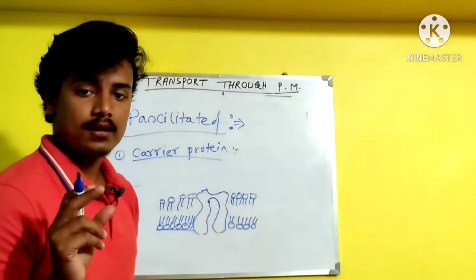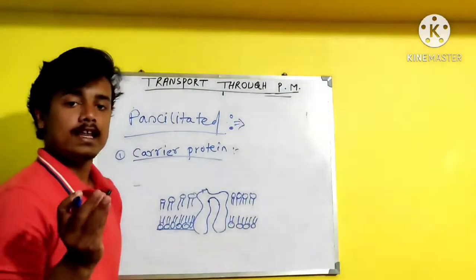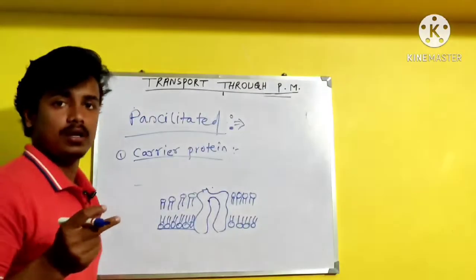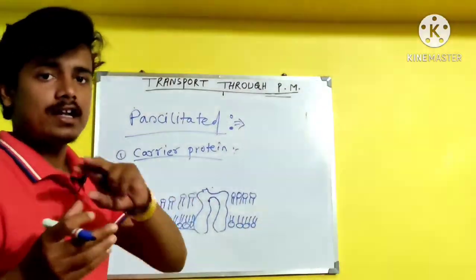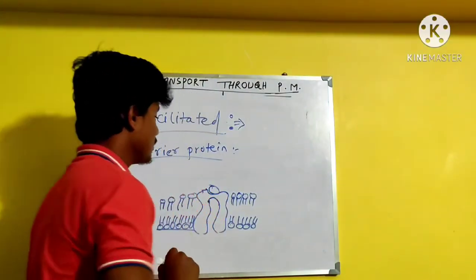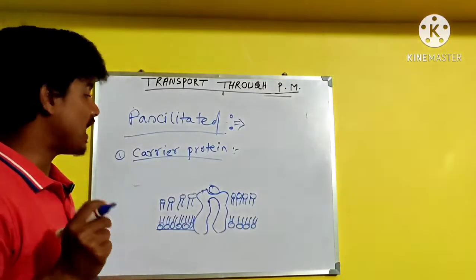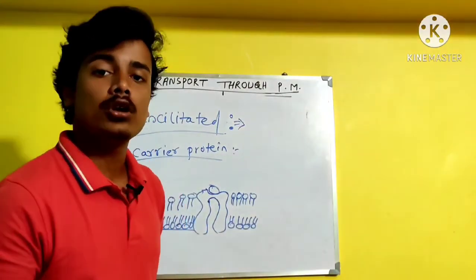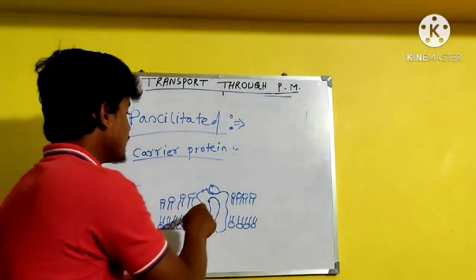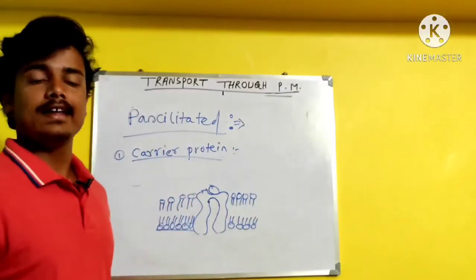When any kind of thing or nutrient, any kind of ligand, binds with this point, what will happen? A conformational change will occur, and it enters to the inside of the cell.